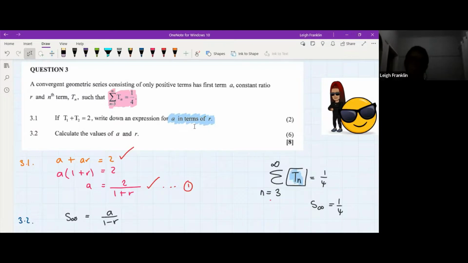Ma'am? Don't we need to add 2? Excuse me, ma'am. Because we don't know how many terms there are in this particular pattern. And we know that the sum to 2, I think we need to add, this is what I think we need to do.